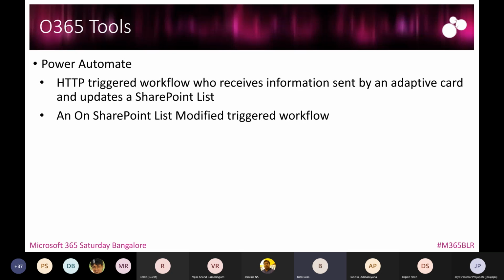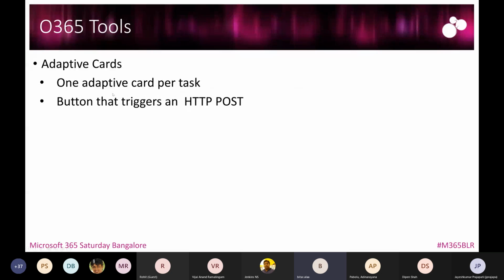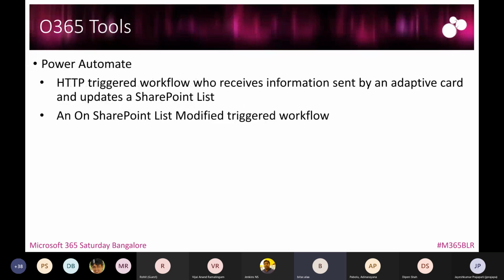So this Power Automate workflow will receive the information from the adaptive card, because when I submit the button, it will send the content of my adaptive card to a Power Automate workflow. The HTTP triggered workflow will receive the information sent by the adaptive cards, and because we are in Power Automate, we are in the Office 365 environment.